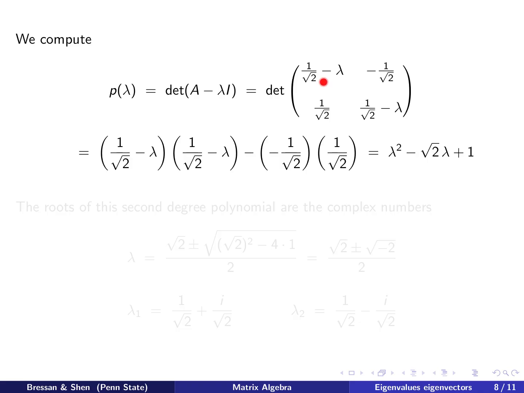To compute the determinant, it is the product of these two minus the product of these two, which we write down here. Then you can open them up and join like terms, and this ends up as a polynomial of degree 2. After simplification, you see that it takes this form. So it's a polynomial of degree 2 with real coefficients.